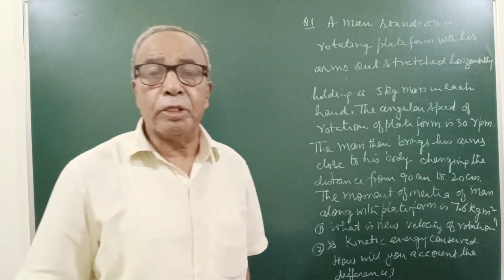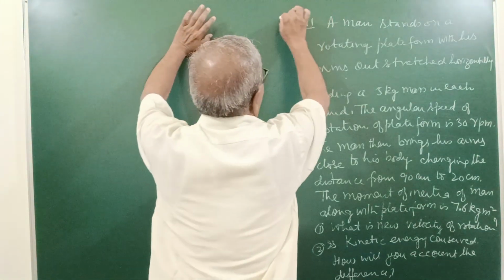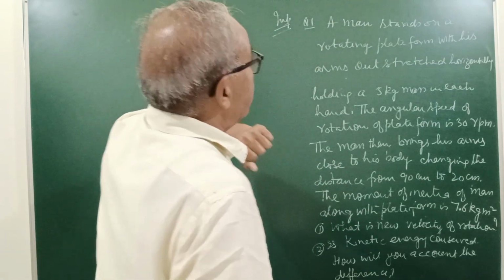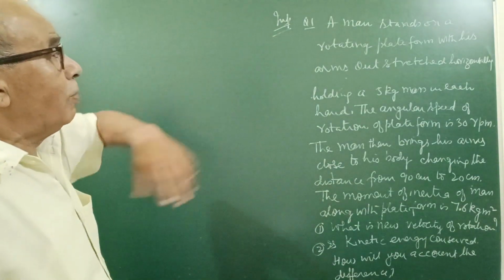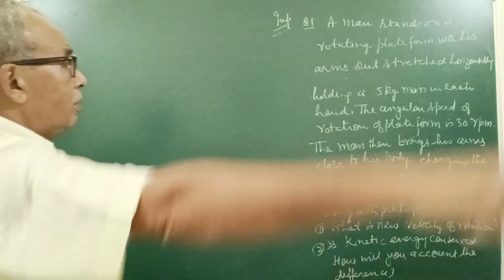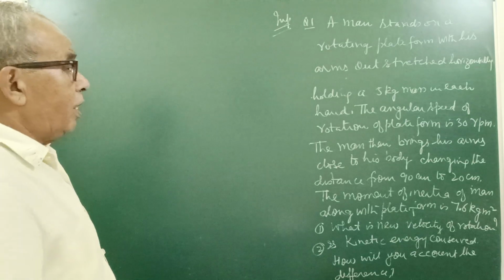Yes, my dear student, there is a question on the board. Very important question for class 11 and for competitive exams also. A man stands on a rotatory platform with his arms outstretched horizontally, holding a 5 kg mass in each hand.